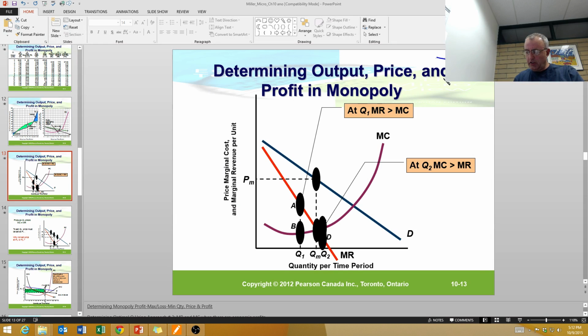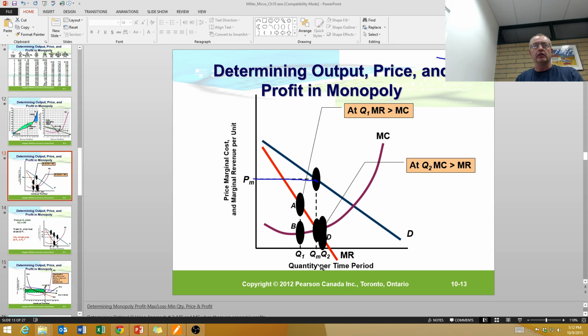Okay, and I think this demonstrates the same thing. So monopolists can earn economic profits, and we're going to earn economic profits when the price comes straight off the demand curve.